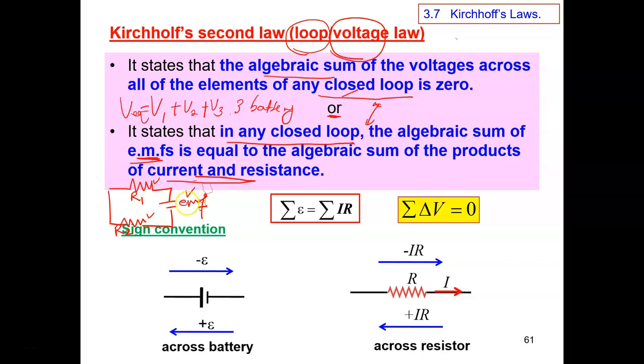Now, when this loop or circuit is closed, the current will flow through the resistor and come back to the EMF. Each of these resistors has its own V due to V equal to IR. So how do I find V in each respective resistor?